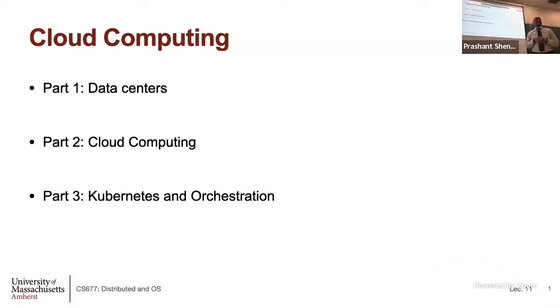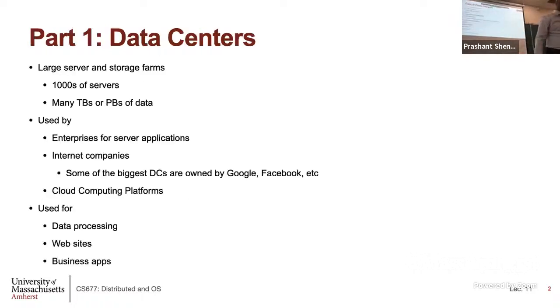You saw some of this when we had a lecture on sustainable computing, but we will now revisit that topic from the perspective of virtualization and cloud. Then I'll talk about cloud computing, and then the last part is actually on cloud orchestration, but that will be a case study on Kubernetes and how you can use Kubernetes to do cloud orchestration. Okay, so three things today. Let's start with data centers.